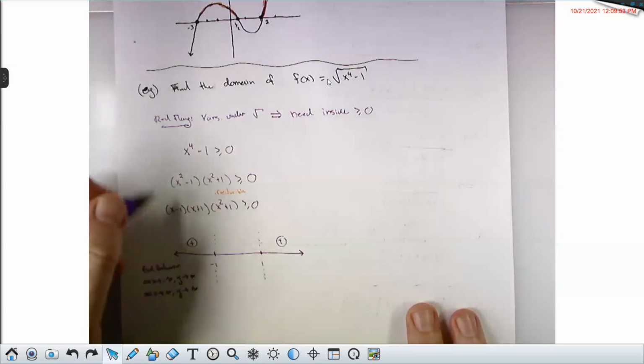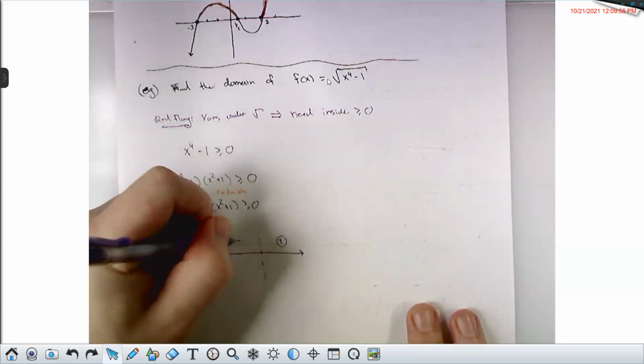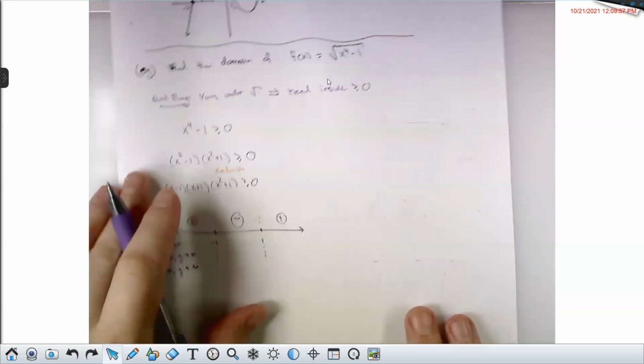And then both of these are multiplicity 1. So as I hop over here, I would become negative. And as I hop over here, I would become positive.